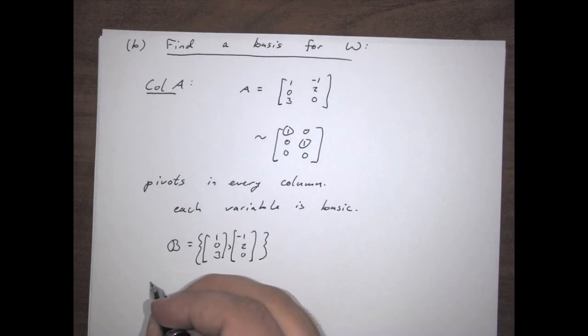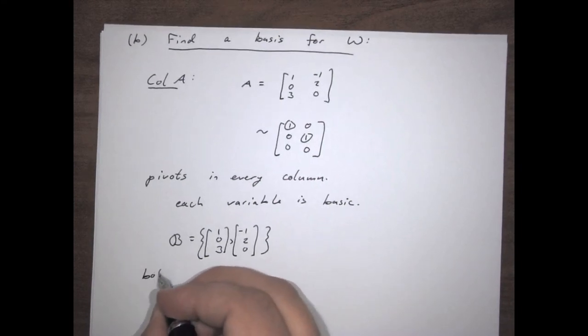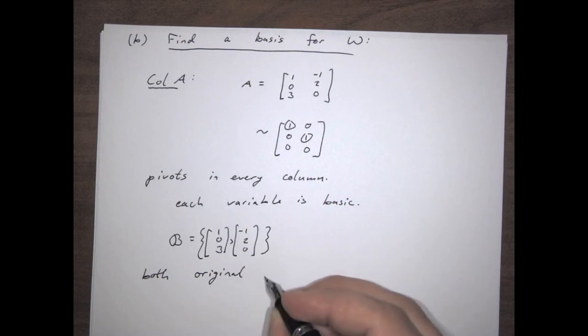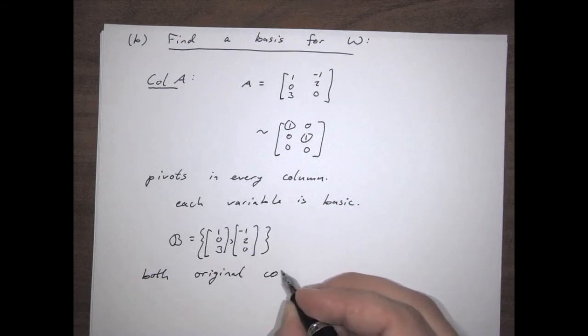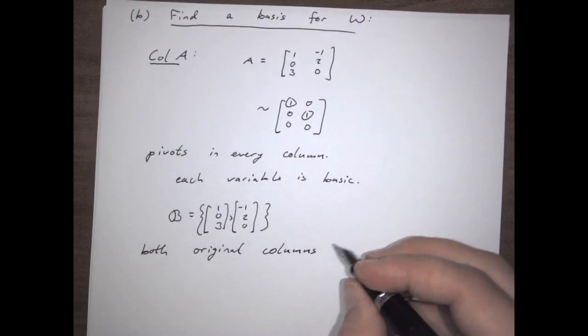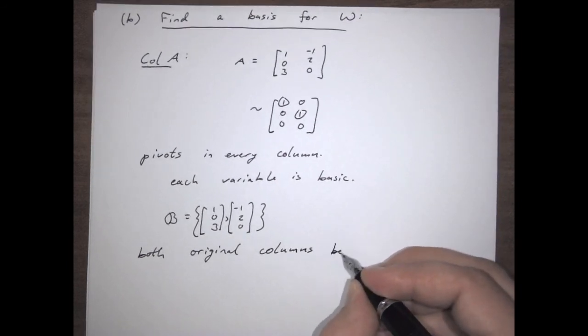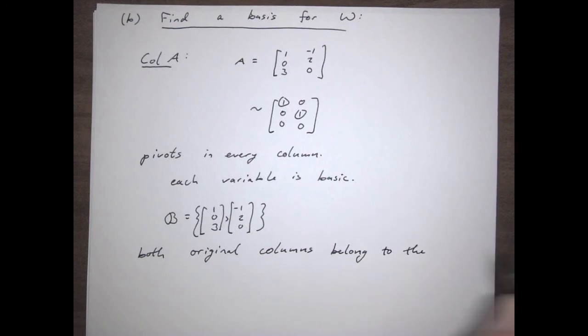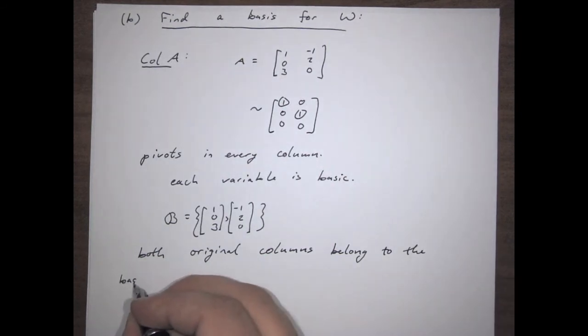So both original columns belong to the basis. So basic variable means that column of the original matrix belongs to the basis.